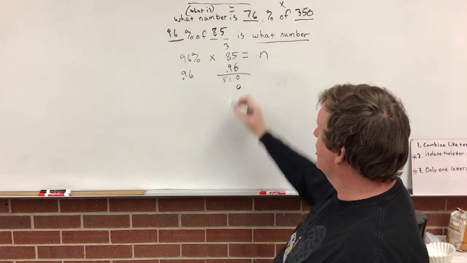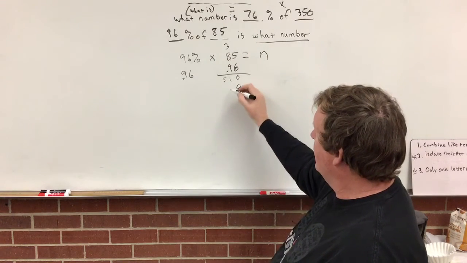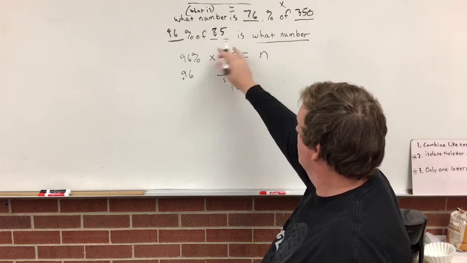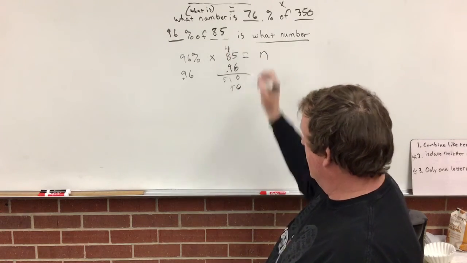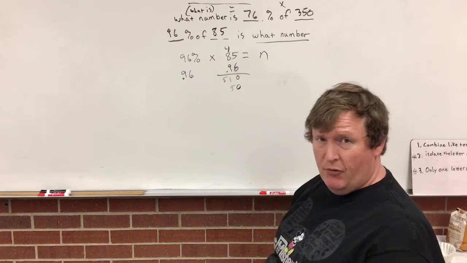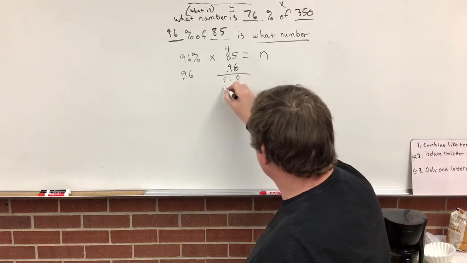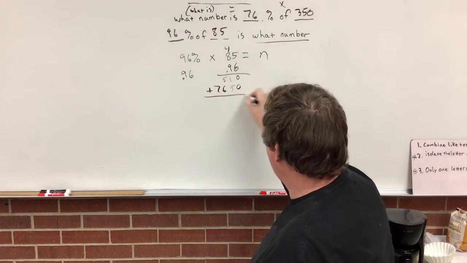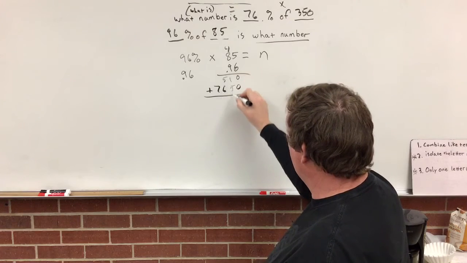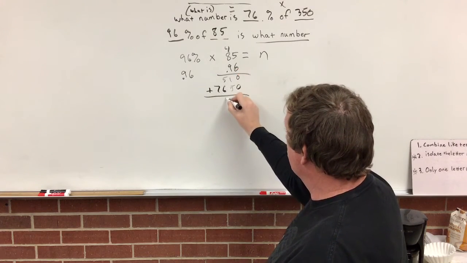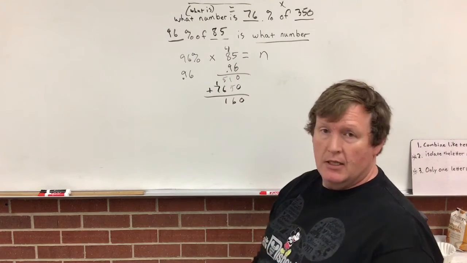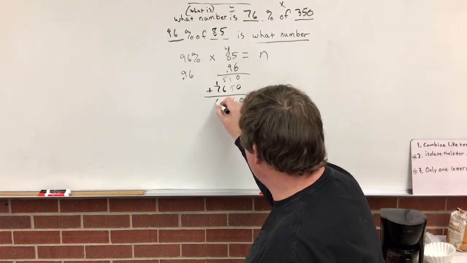Hold the place for the 10 spot. 9 times 5, 45. 9 times 8, 72, plus 4, 76. Add: 0, 5 plus 1 is 6, 5 plus 6 is 11, carry my 1, 7 plus 1, 8.